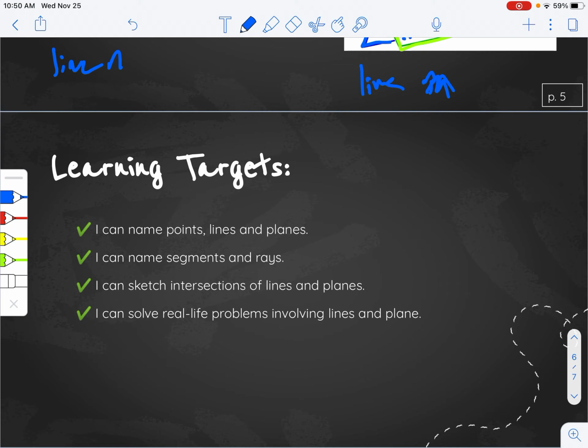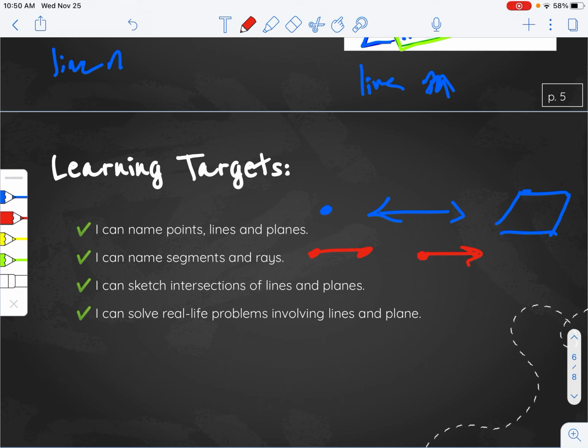So let's really quick review our learning targets. I can name points, lines, and planes. Points. Remember, lines technically go on forever. We represent that with those arrows, and then a plane. I can name segments and rays.